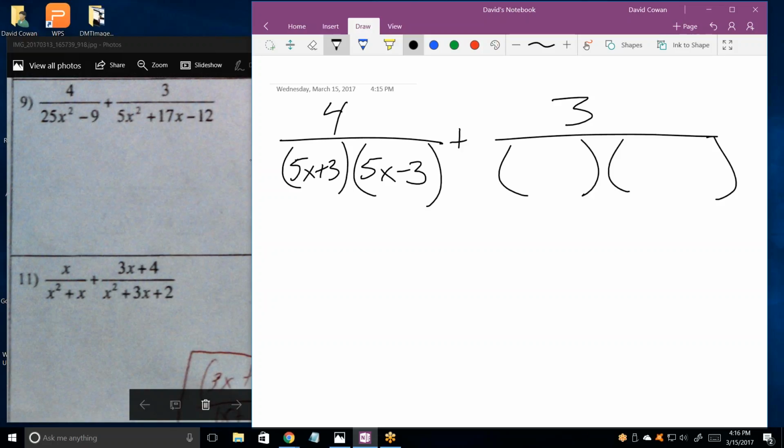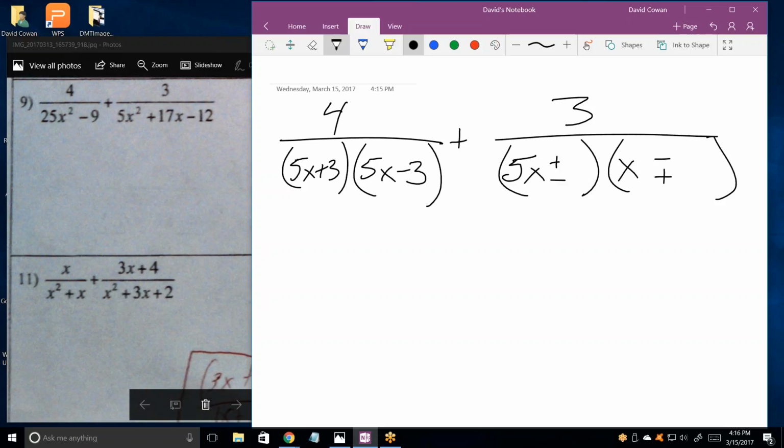Now, one thing you can be almost certain of, just because of the nature of the material, is that one of these factors is going to be the same as one of those factors. So it kind of helps in factoring it. I certainly know that it's 5x and x, and then my signs are plus, minus, or minus, plus.